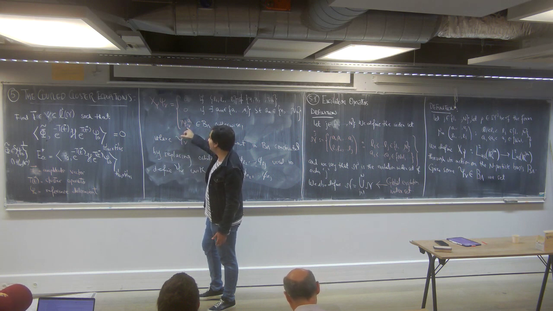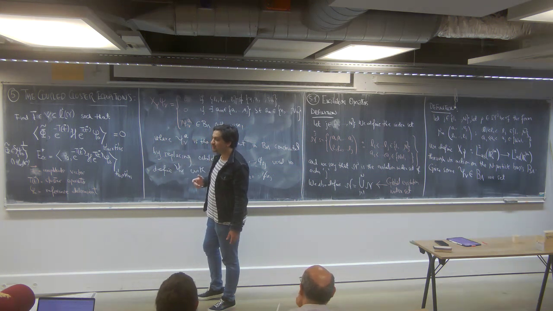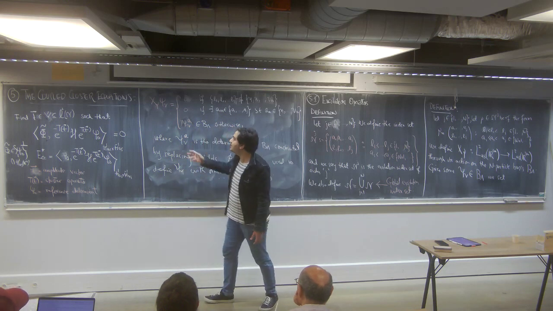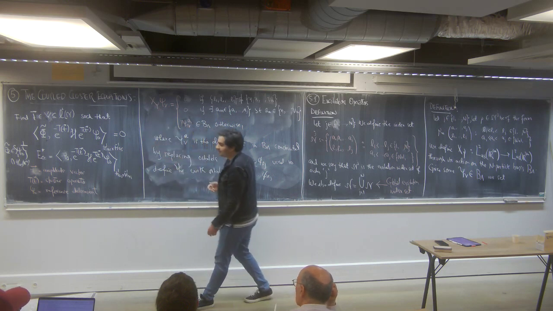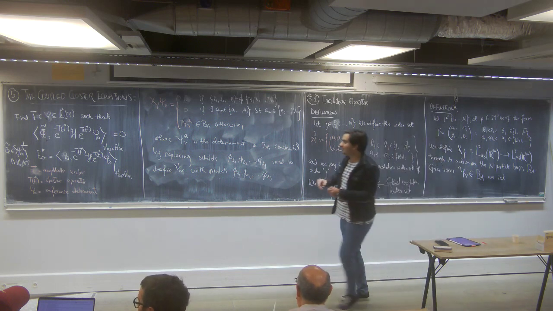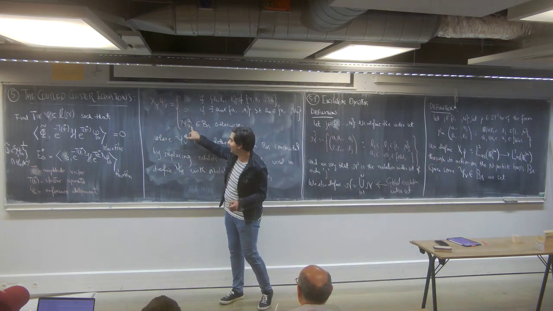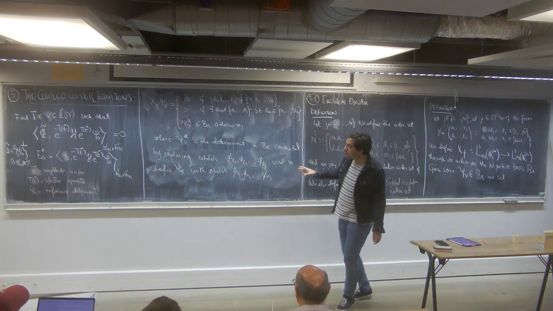The output still has some orbitals from the original, and then some new orbitals which depend on the indices A. But yes, of course, you've removed some orbitals which depend on L. So there is a dependency on L. In principle, it depends on what the mu here is, and the mu, of course, depends on the A and the L. If you like, I can put a small L here as well. But you're right.